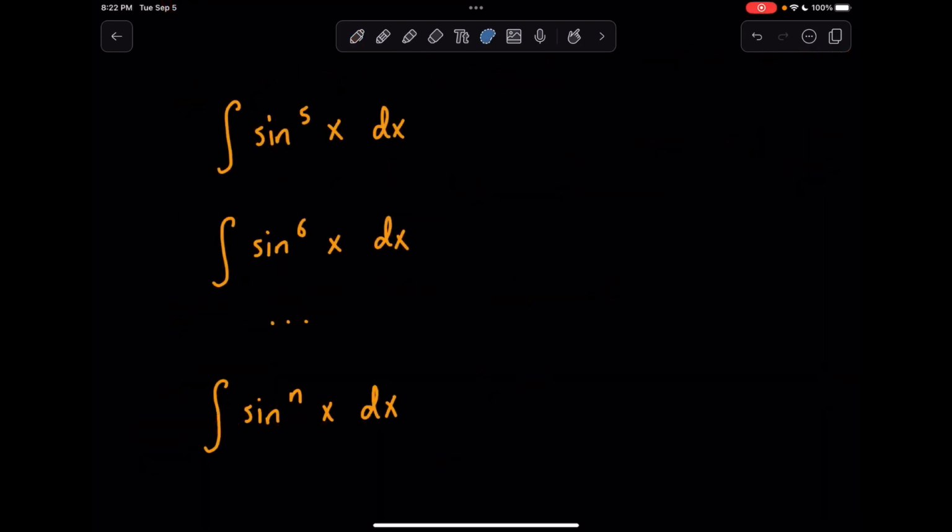Alright, so the last thing I'm going to talk about is how we can expand this to solve the integral of sine to any power. So like I was saying before, anytime we have an odd power, and just for an example I'll use sine to the 5th of x, we can split it using our 1 minus cosine squared identity. So in this case it'd be 1 minus cosine squared x, that's sine squared.